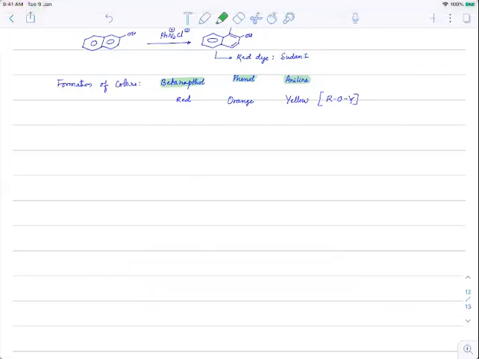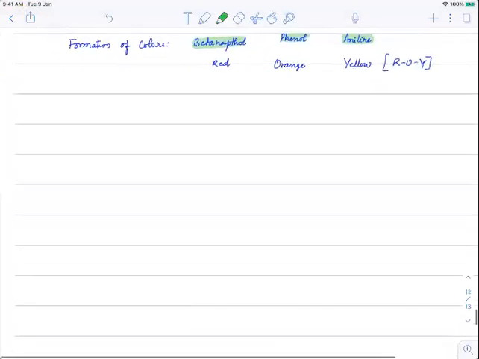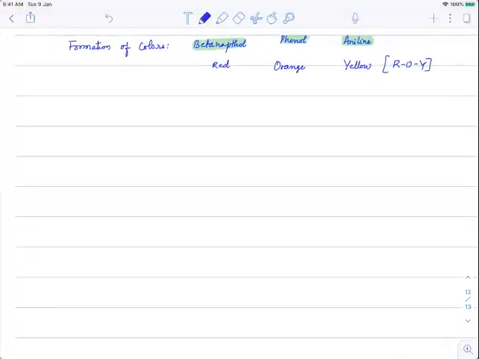And next we'll see oxidation reactions in phenols. Major other reactions which are there are mostly oxidation reactions.